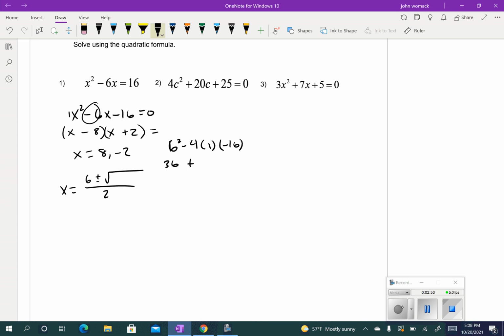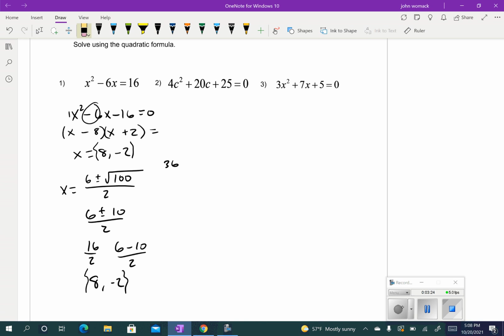Let's see, 4 times 16 is 40, 24, 64. I add those together. Hey, square root of 100, 10. 6 plus 10 is 16 over 2. 6 minus 10 would be negative 4 over 2. So I get the same answer. It doesn't matter if we solve by factoring or solve using the quadratic formula. We ought to end up with the same answer there.